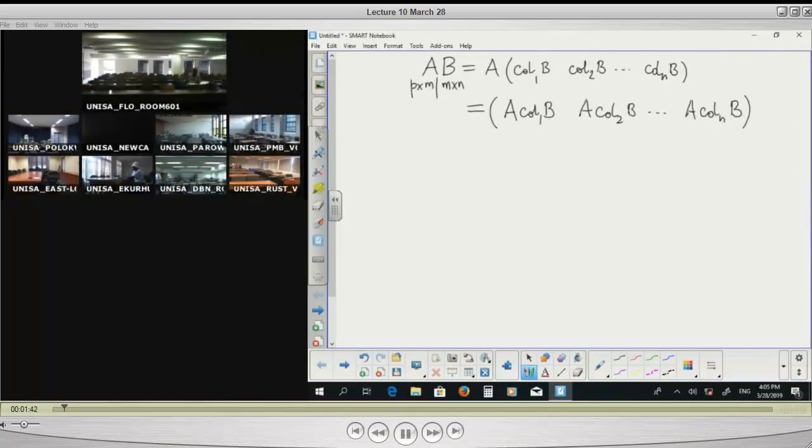Now, you know that we say that A is diagonalizable.